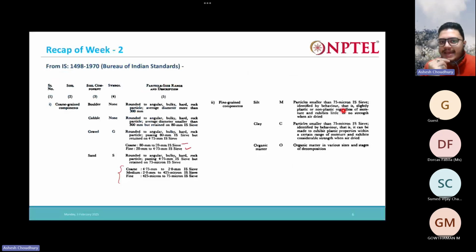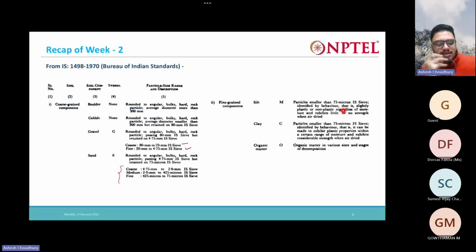Both clay and silt have sizes less than 75 micron. But silt is generally very low plastic or non-plastic. That way you are going to differentiate between silt and clay. If the soil is non-plastic, then it's going to be silt, and if it's plastic, definitely it will be clay.